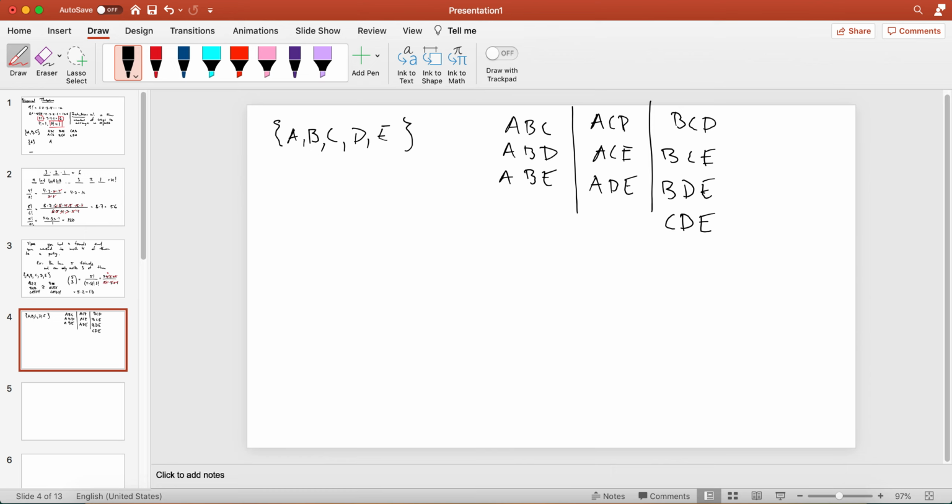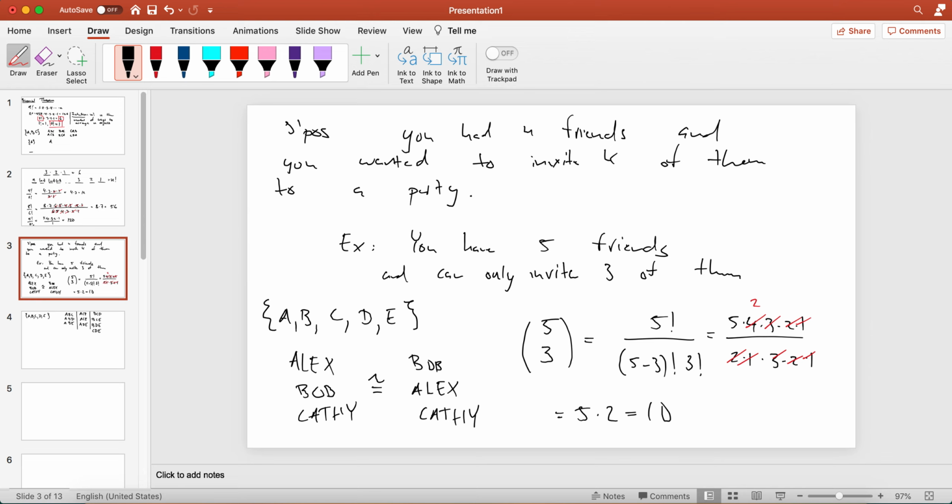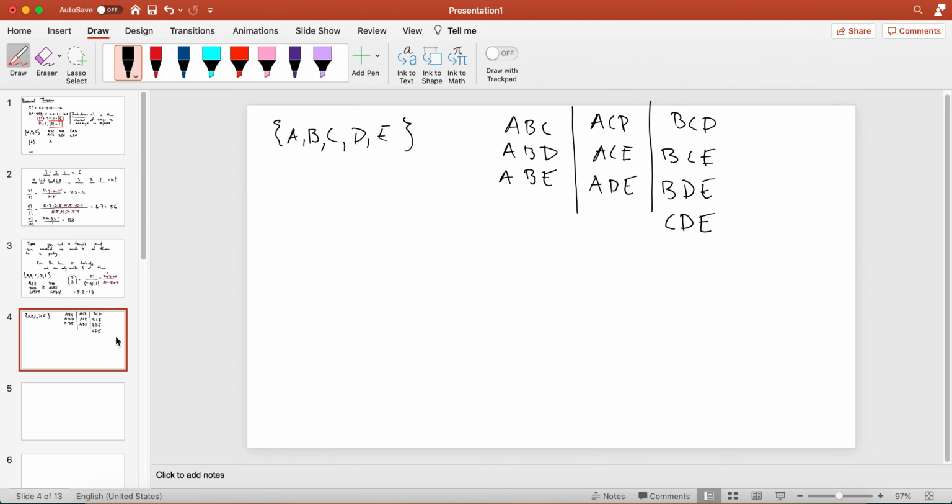Okay, so these are the 10 possible guest lists that I can make where I invite 3 people from 5. This is of course not a proof that this is always going to work, but this is just an example. So let's make this formal definition.